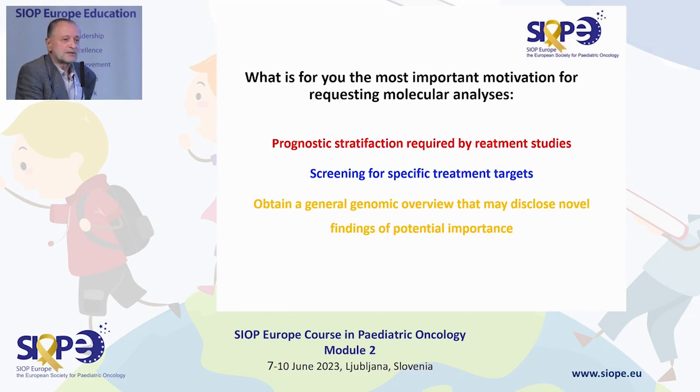Screening for specific treatment targets is important in cases which relapse or which are treatment resistant, but I, for myself, have always propagated that for a diagnostic strategy you should do the best you can to get everything you can get above what you just need for the treatment study, because it's a minor issue. I know instances where, for example, something was ignored in the last treatment study, and for the new treatment study you would need it for stratification. And then you have a problem because you don't have the information, not the data.